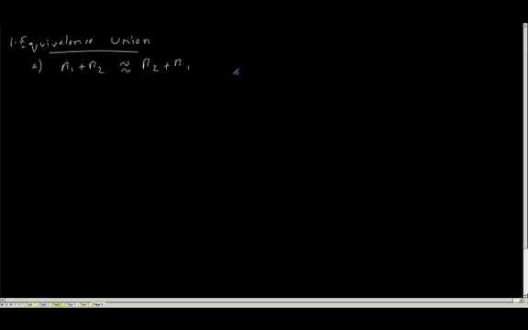It is what we call the symmetric property. Okay, so R1 plus R2 is equivalent to R2 plus R1. Similarly, if I have an empty language, epsilon plus R1, what will it be? It will be equivalent to R1. Okay. So suppose I have R1 plus R1, what will it be?